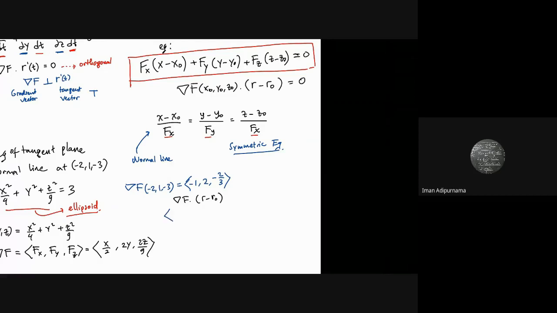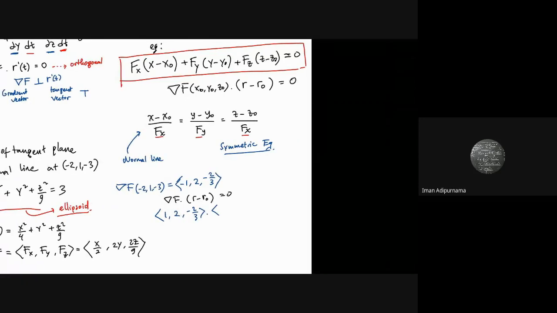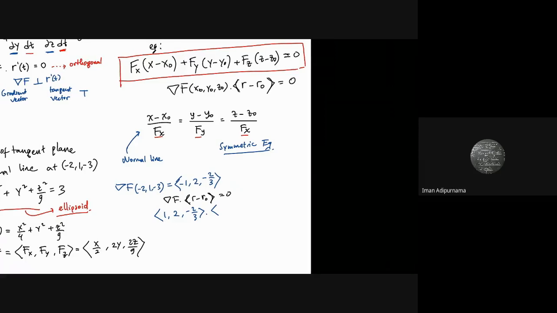So the gradient vector (-1, 2, -2/3) dot the, I think this should be vector, sorry.